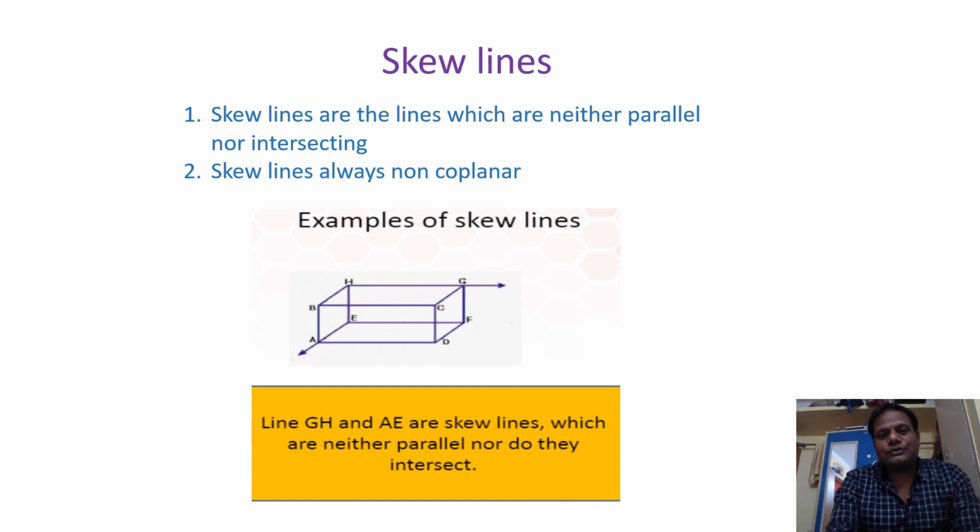No. So those two are skew lines. Suppose you take CG and DF. Are they parallel? Yes, they are parallel. So they are not skew lines. So in one plane, we can't take skew lines. So skew lines are always non-coplanar.